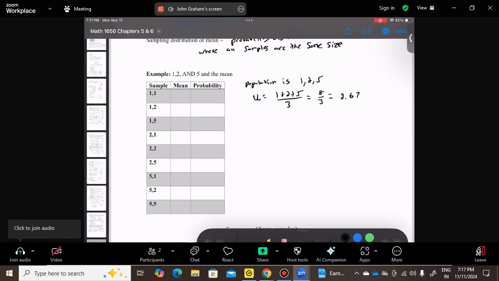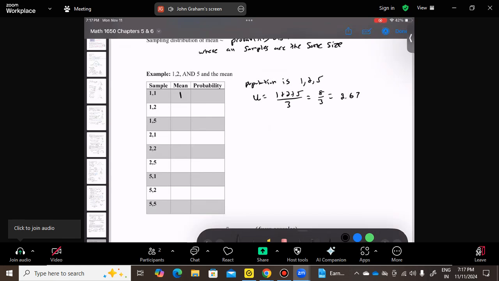Okay, so now let's look at each of these samples. 1 and 1, 1 and 2, 1 and 5, 2 and 1, 2 and 2, 2 and 5, and 5 and 1, 5 and 2, 5 and 5. And find the mean of each of these. So when they're the same, it's just that same number, 1.